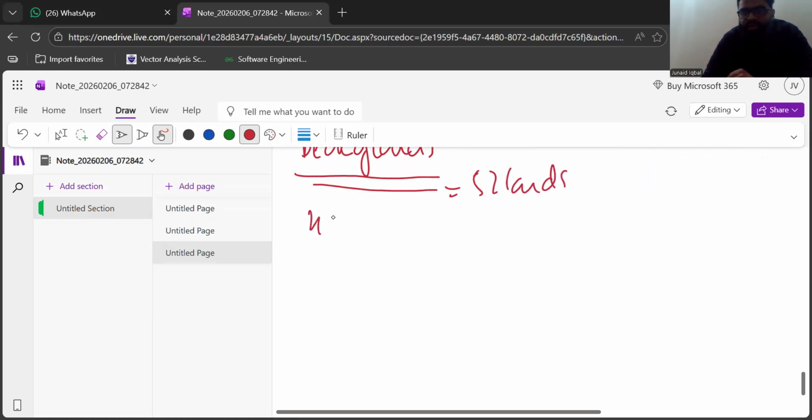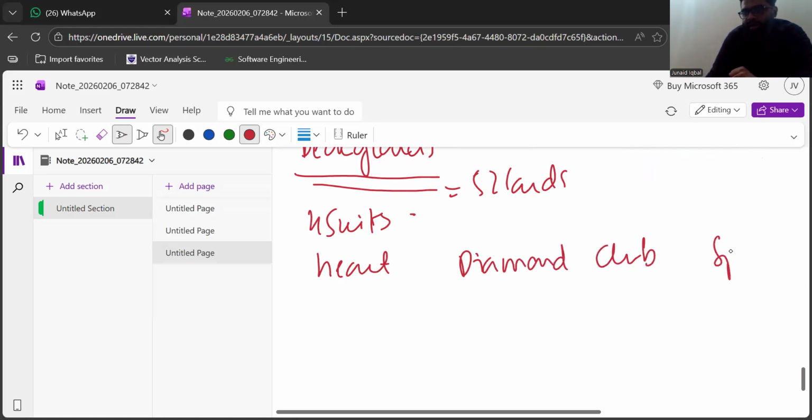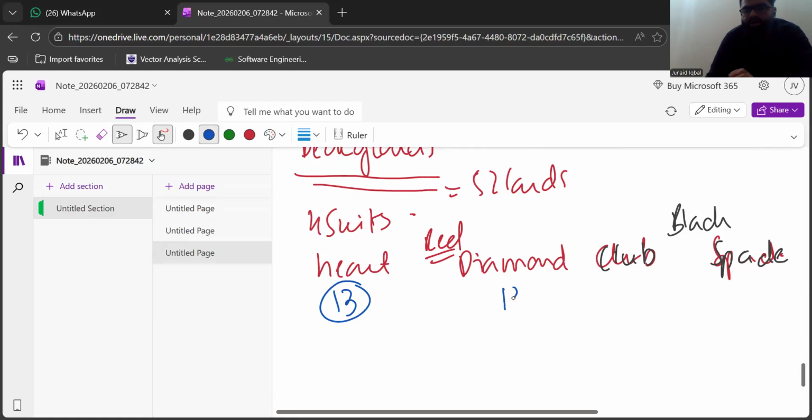There are 4 suits: heart, diamond, club, and spade. Hearts and diamonds are red colored cards, and clubs and spades are black colored cards. All suits have 13 cards in total.